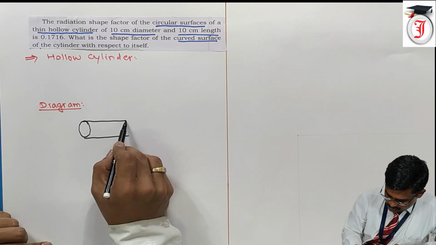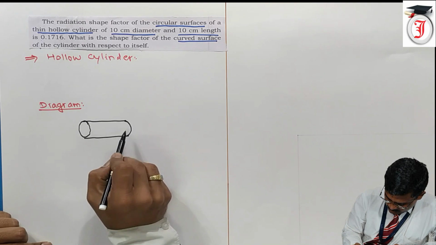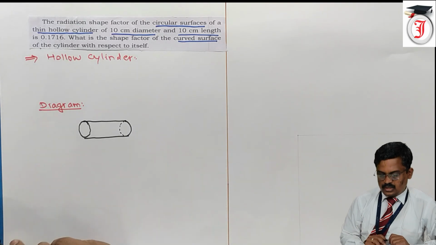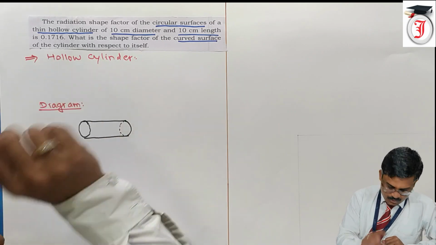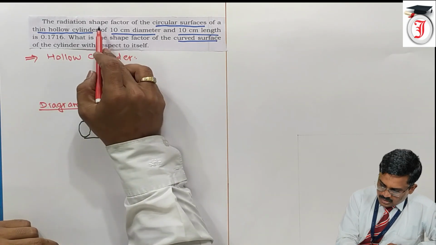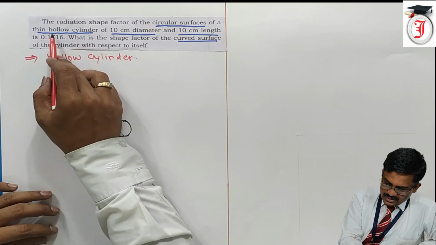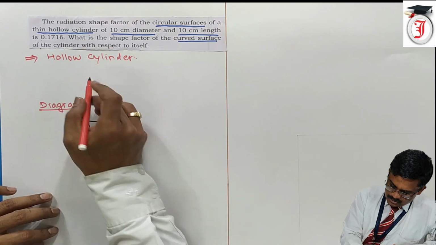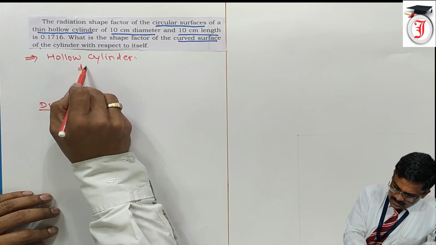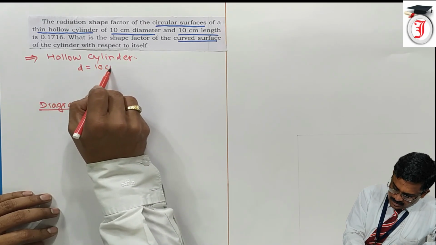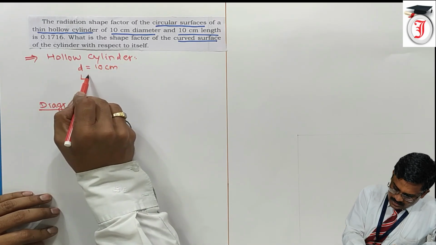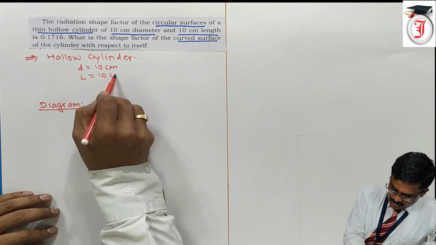What is given to us? The radiation shape factor of the circular surface of a thin hollow cylinder of diameter D is equal to 10 centimeter, and the length of the cylinder is also given as 10 centimeter.